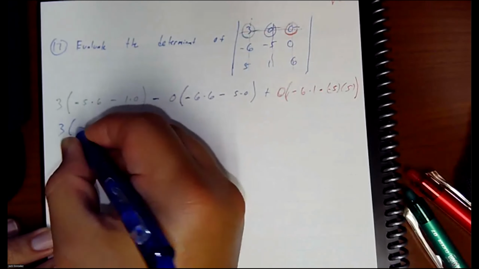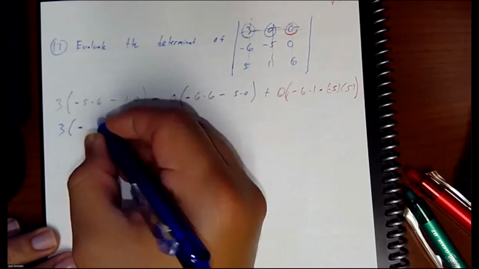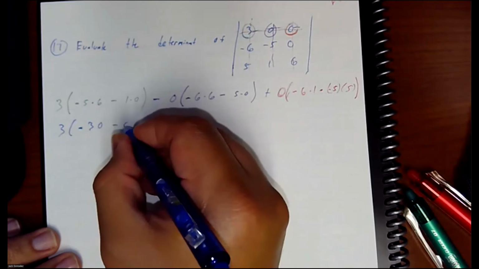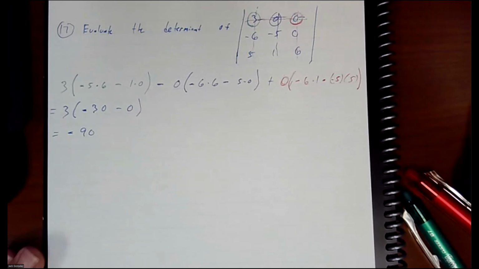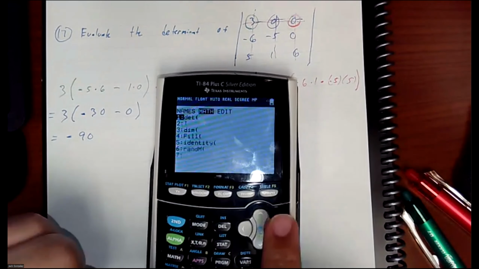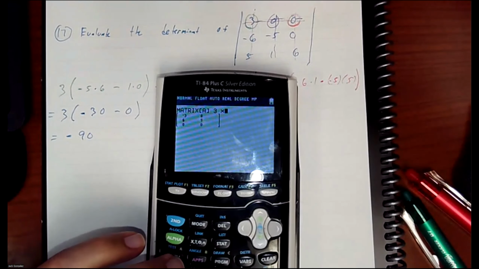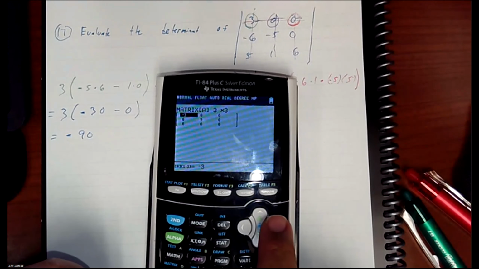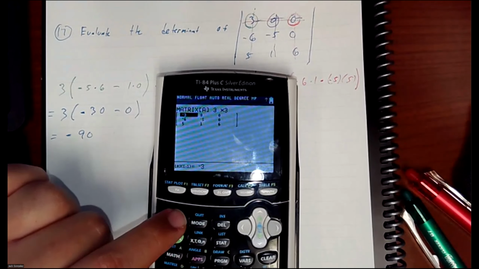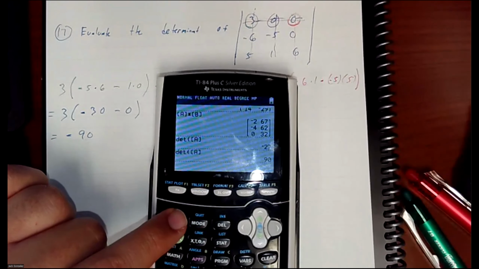It'll be 3 times negative 30 minus 0, which is negative 90. If you do it on here, just plug in a 3 by 3. So negative 3, 0, 0, 6, no, negative 6, negative 5, 0, 5, 1, 6.